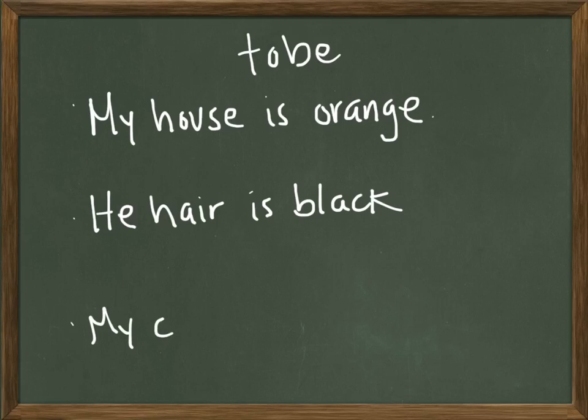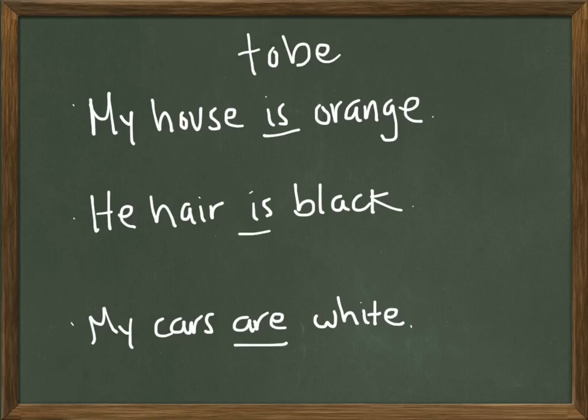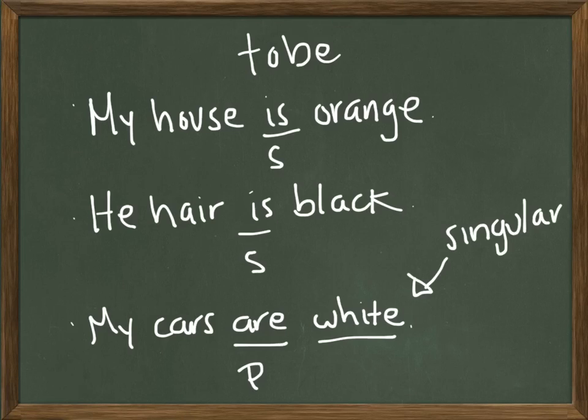My cars are white. Alright, if you notice, the verb to be is present in all examples, and depending if it's for plural or the singular. And another important thing to mention is that colors are always singular. Even though we're talking about 2 cars or 3 cars, the color will always be in singular.